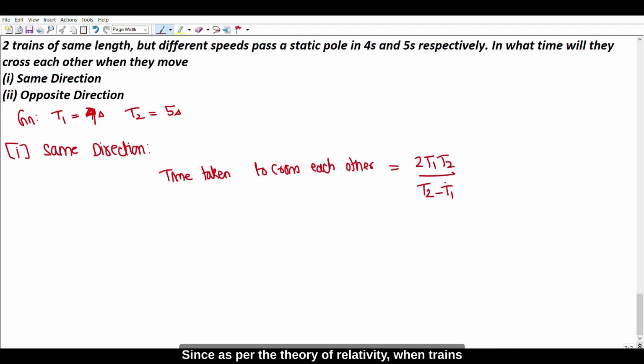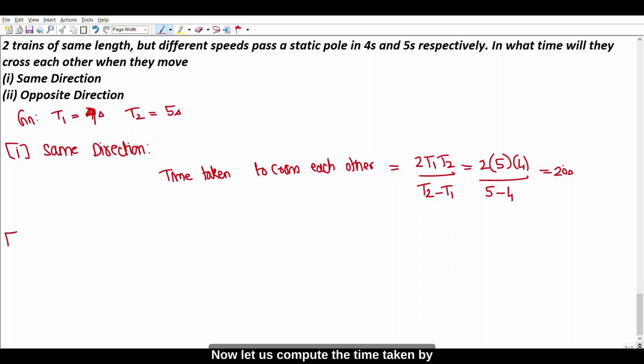Since, as per the theory of relativity, when trains move in the same direction, relative time also decreases, therefore t2 minus t1, and hence on substituting we get 40 seconds. Now, let us compute the time taken by them to cross each other in opposite directions.